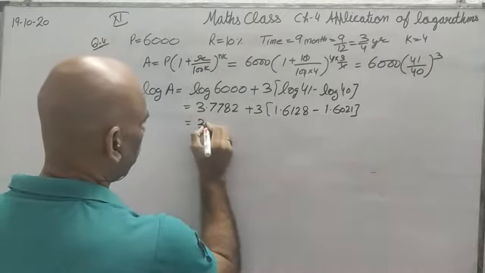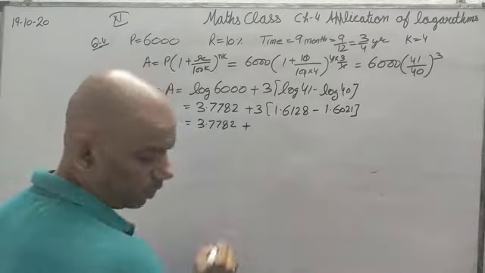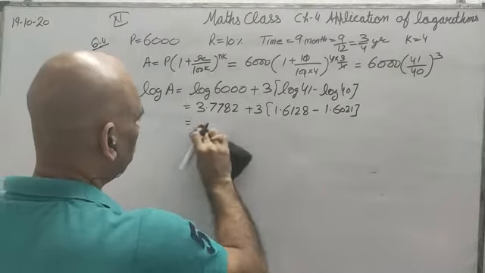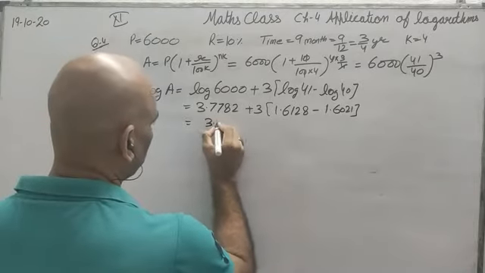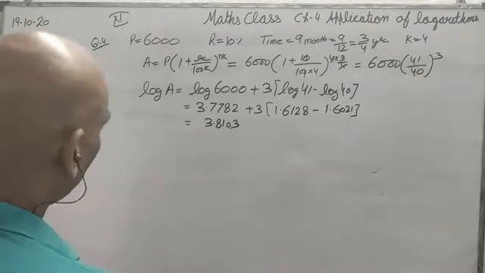Thereafter 3.7782, we will subtract and multiply by 3, we are going to get 0.0103. Total it is going to come 3.8103.